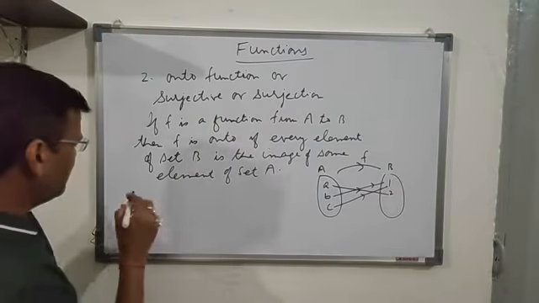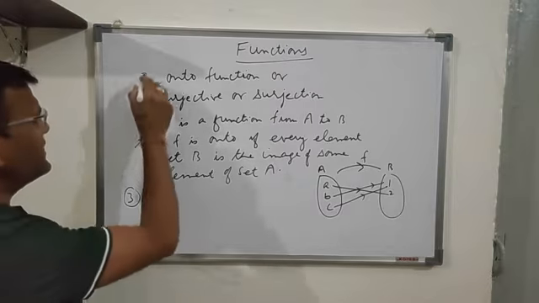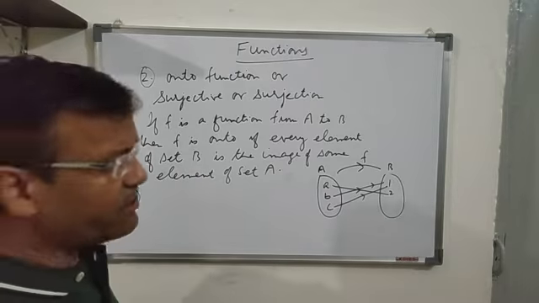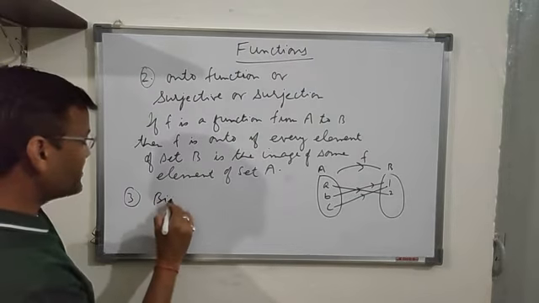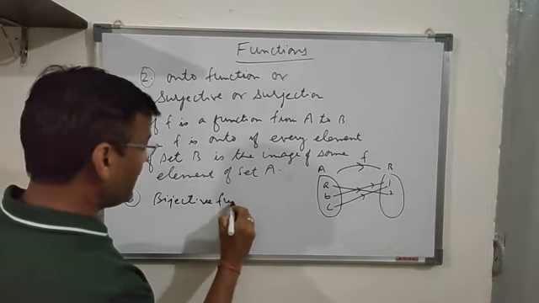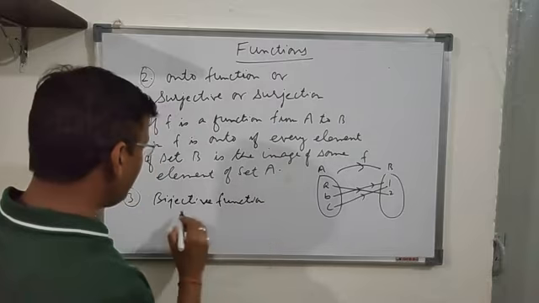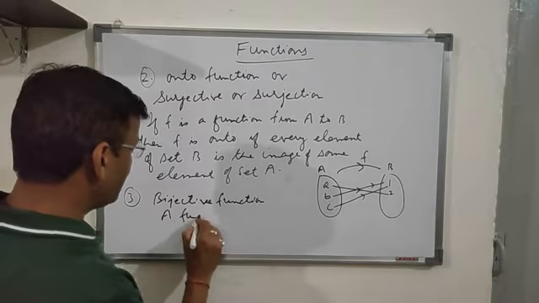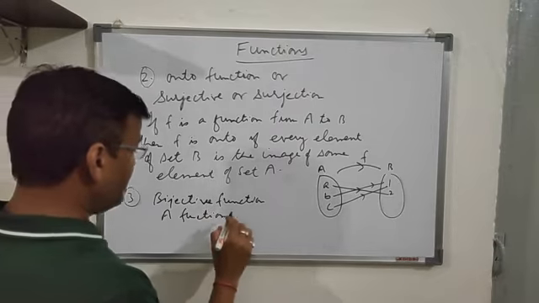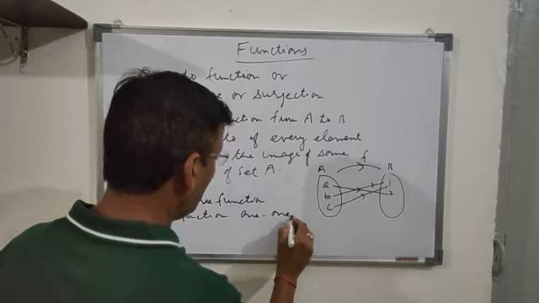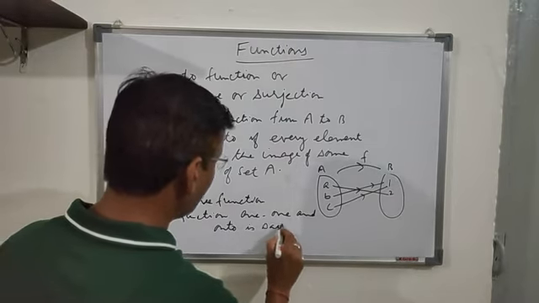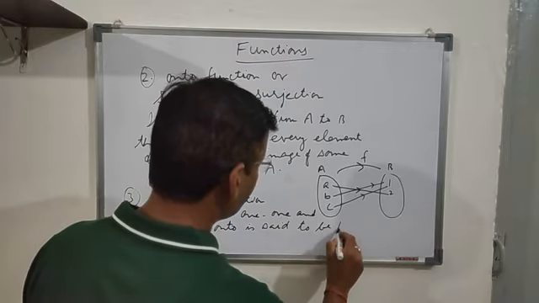Now there is a third category of function, for which there is no separate definition. The definition is only that it is said to be the bijective function. So a function which is 1-1 and onto is said to be a bijective function.